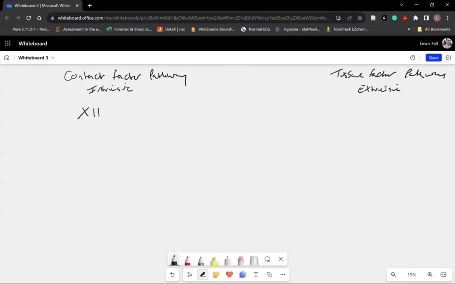Contact factor pathway starts with coagulation factor 12 becoming activated to 12A. Then 12 will activate 11, and then 11, because this can't possibly be easy, activates 9.